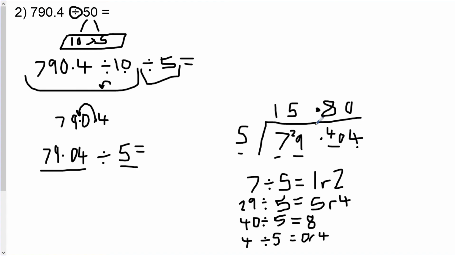Now here we have not got to 3 decimal places yet. We have only got 1, 2. So this is where we extend our line. We put an extra 0, a placeholder down here, and we carry our remainder across once again. So now we have 40 divided by 5, and we know that 40 divided by 5 is 8 without a remainder.